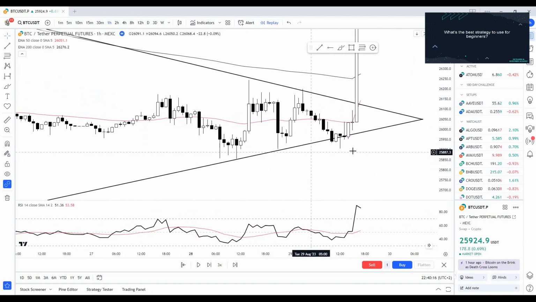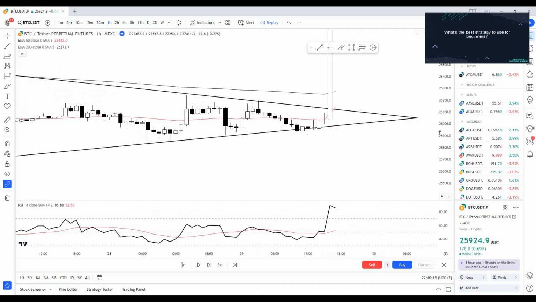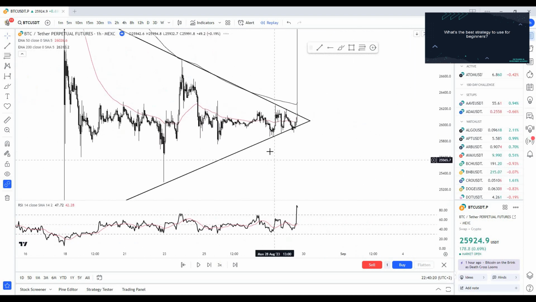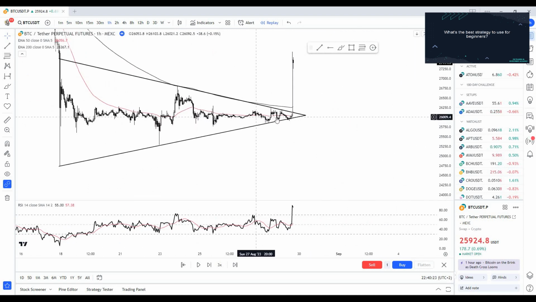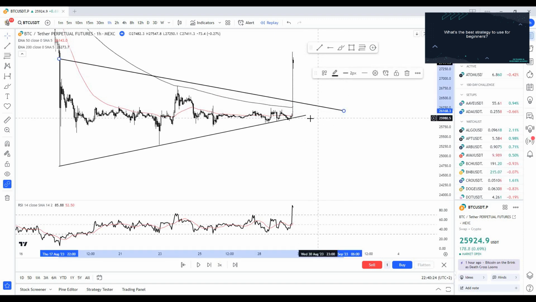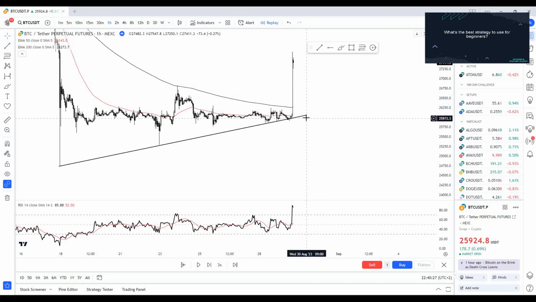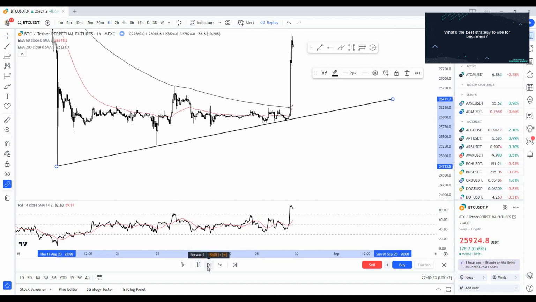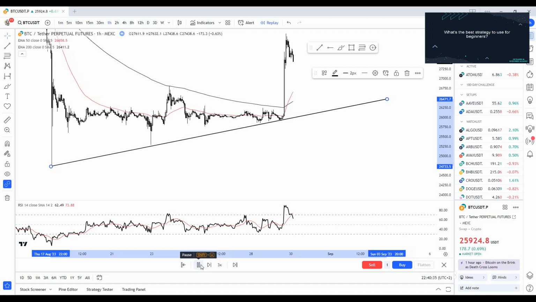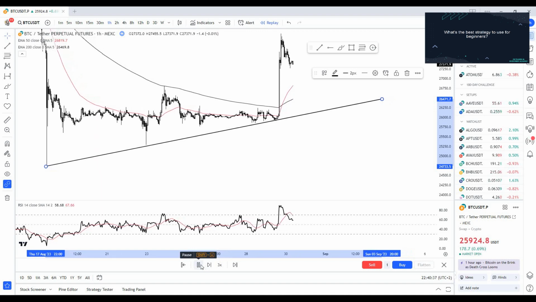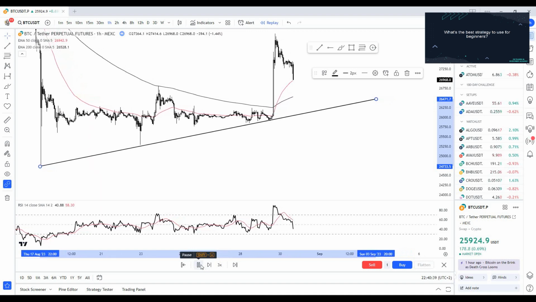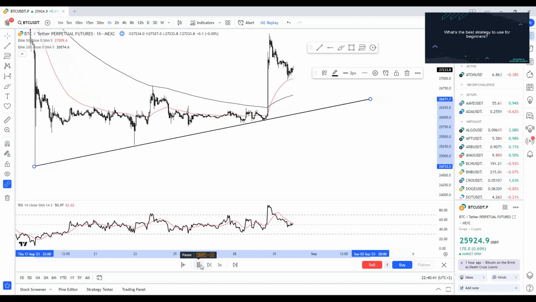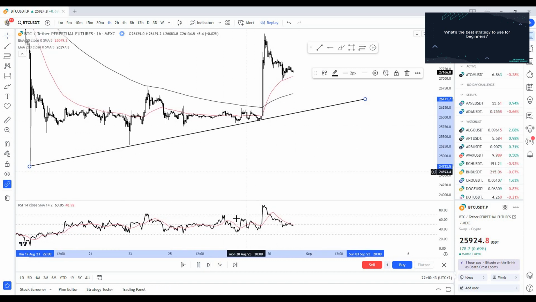But what I wanted to show you, eventually this trend line, I think, moves further. I'm going to delete this, and I'm going to keep this trend line because price comes back down eventually. And we still have this trend line here.